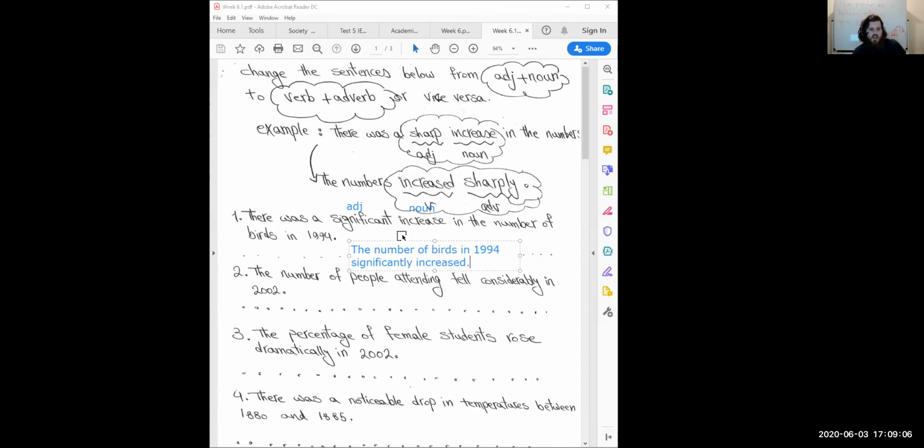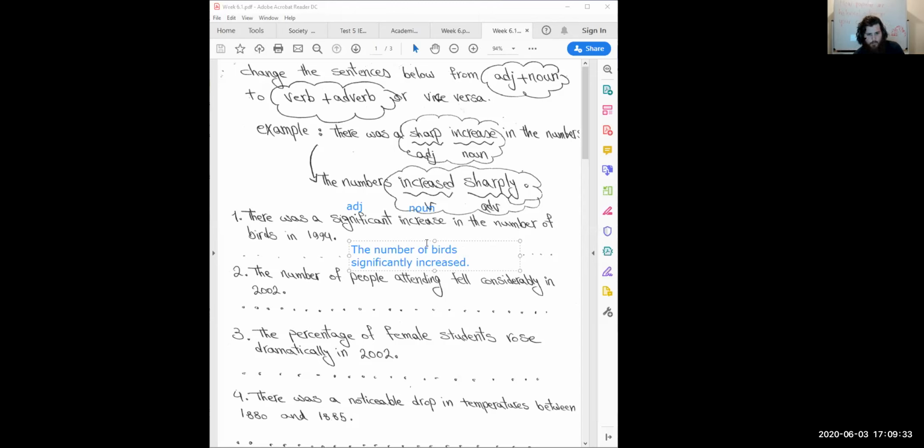Thanks very much for that, E. So very quickly, E, is there anywhere else I could put "in 1994" if I wanted to move it? Could I place it at the end of the sentence or the start of the sentence?